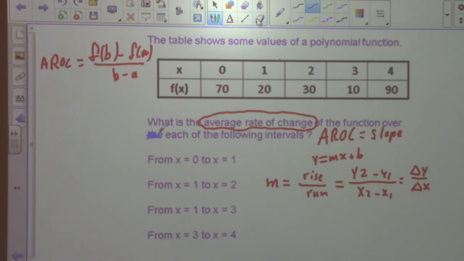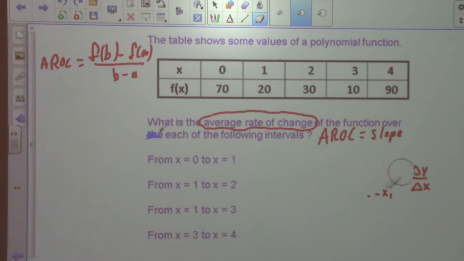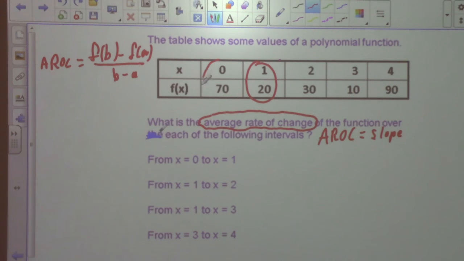Let's go ahead and look at number 1, and just use the formula. So for this one, from 0 to 1, this is x2, y2, and this one here is x1, y1. Does that make sense?